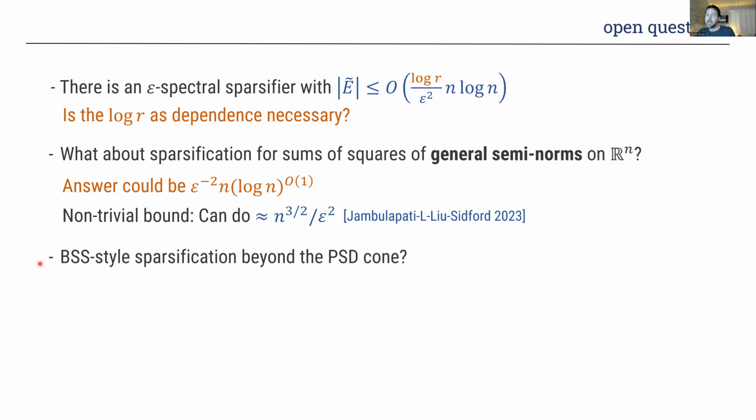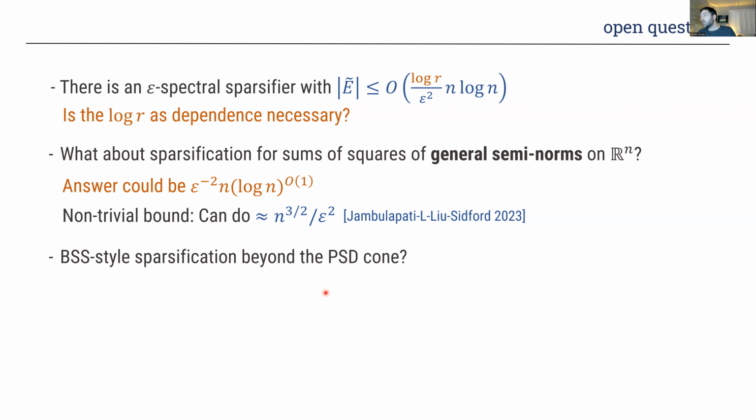And so, a third pressing open question here would be whether there are BSS style iterative optimization-based arguments that can do sparsification in the setting of more general norms. So BSS is in the setting of seminorms that are just one-dimensional. They're basically linear.